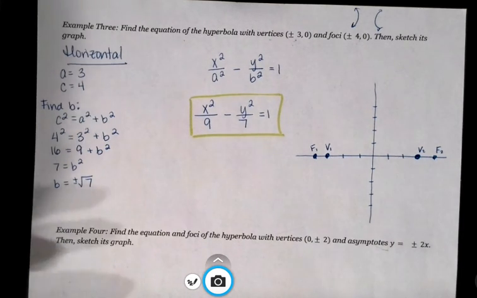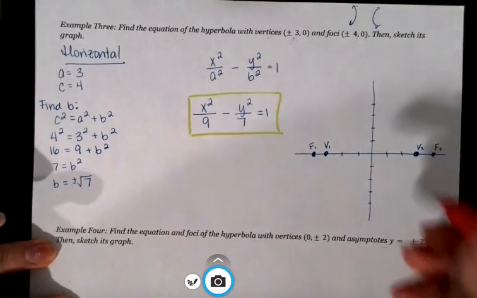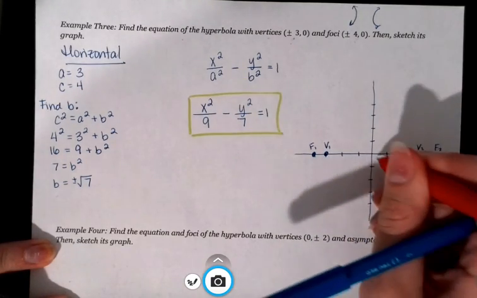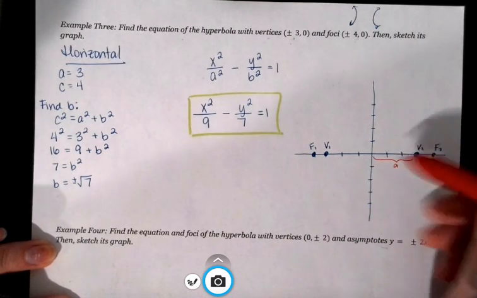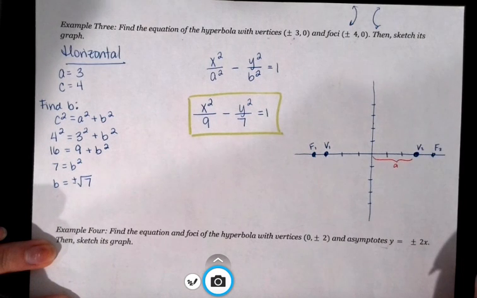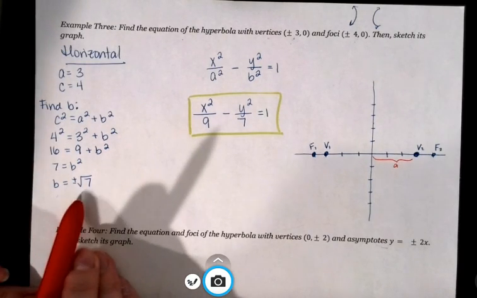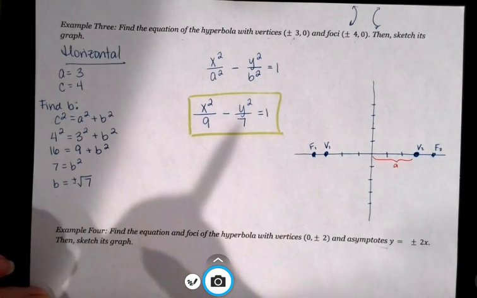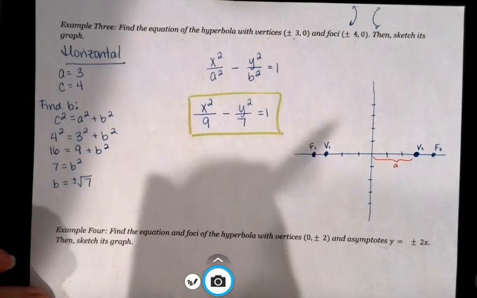And then I can make my box. So for this one, I'm going to use a different color here. So this was A, which means I'm going to go B up and B down. And this actually helps a little bit more because if my B is a square root of 7, that's going to be really hard to do slope if I have to rise like a decimal amount.